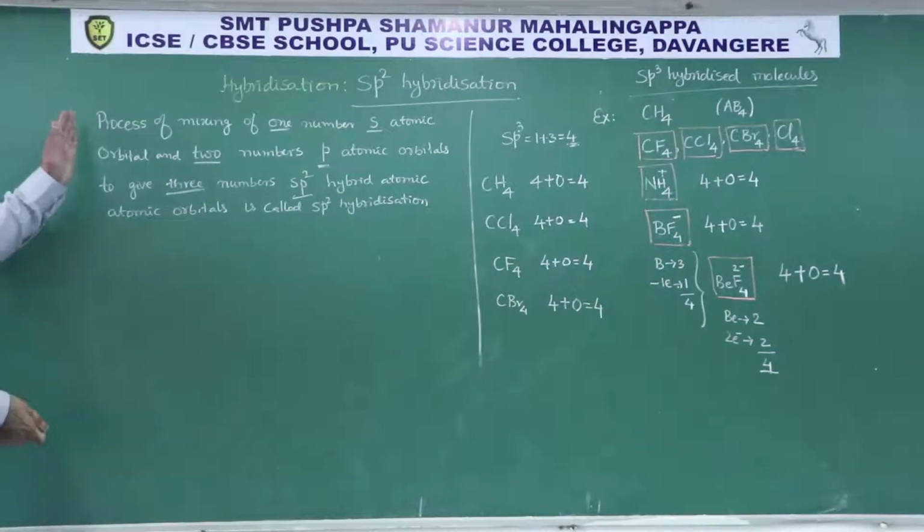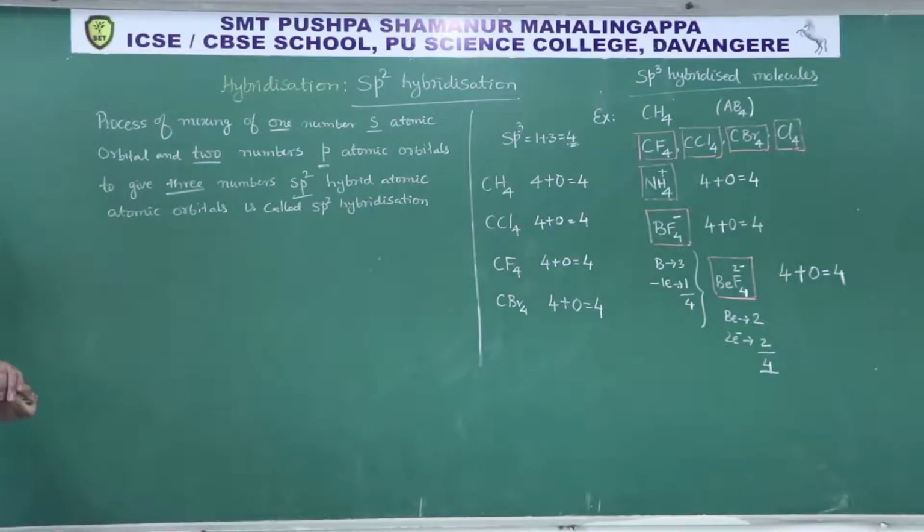It is the process of mixing of one s atomic orbital and two p atomic orbitals to give three sp2 hybrid atomic orbitals is called sp2 hybridization.